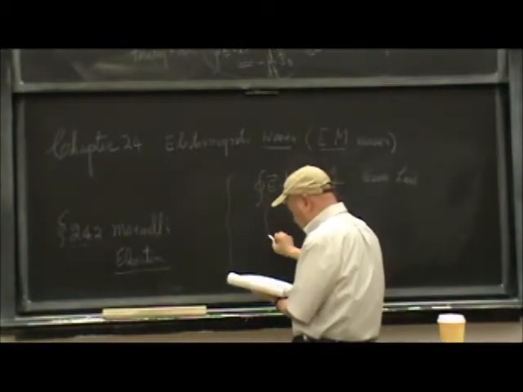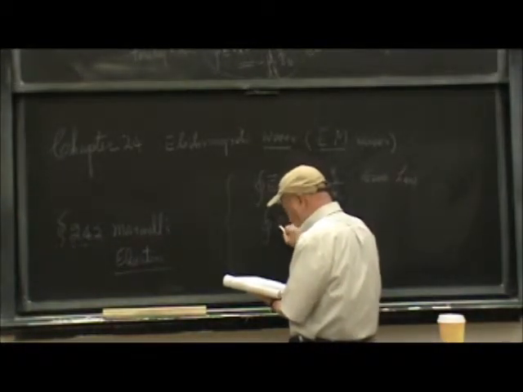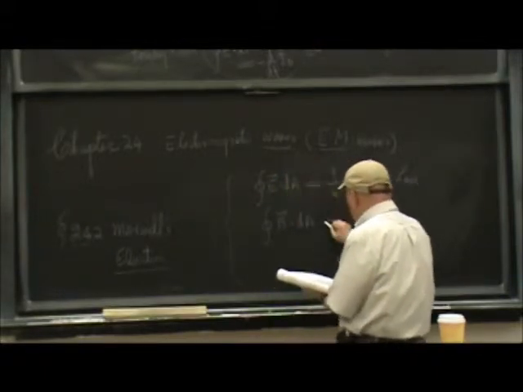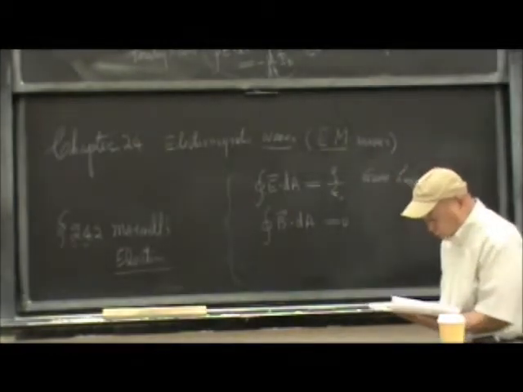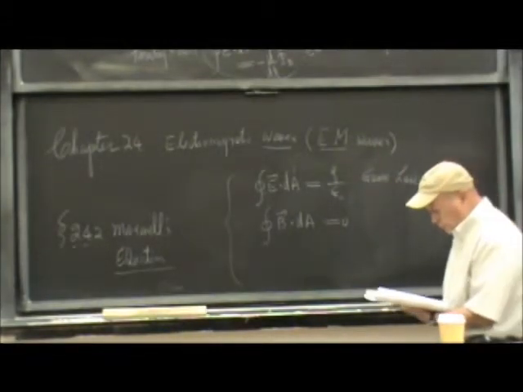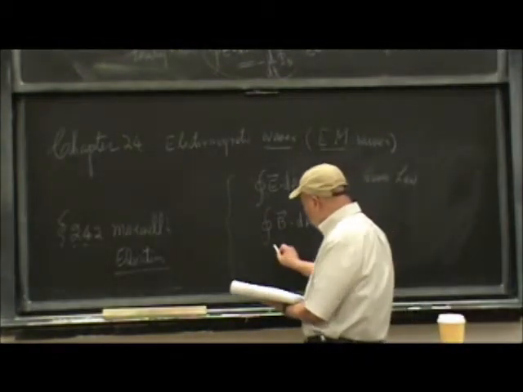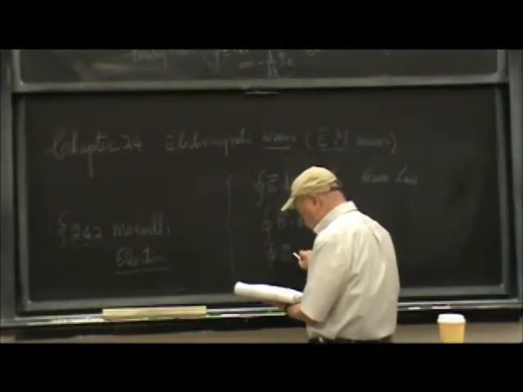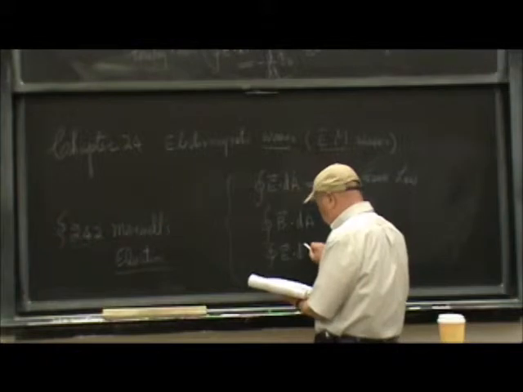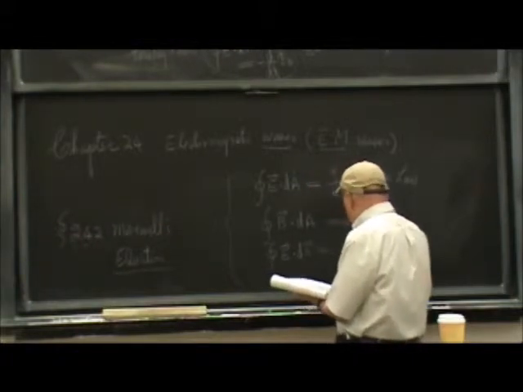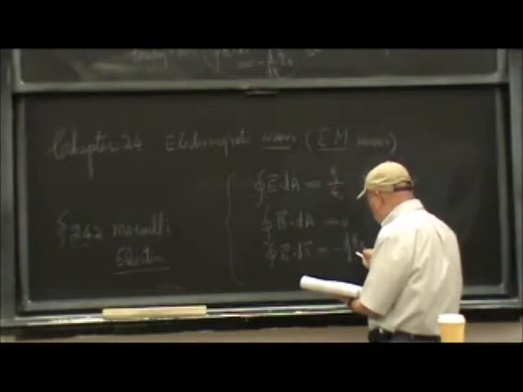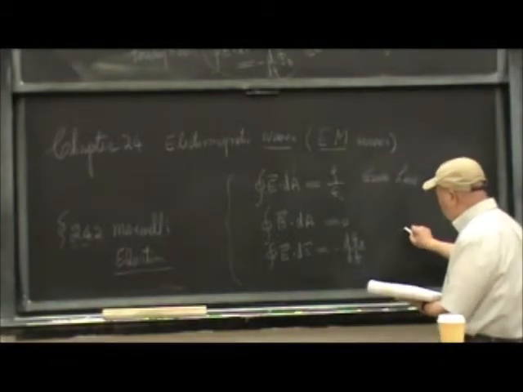Then the integral of B dot dA equals 0, which is Gauss' law for the magnetic field. The next one is Faraday's law: the integral of E dot ds equals minus d phi sub B dt.